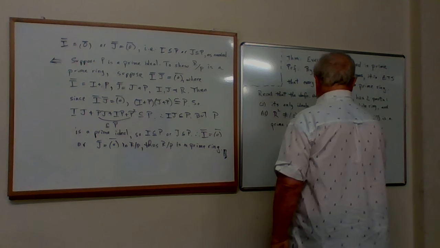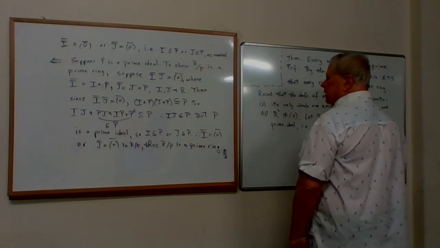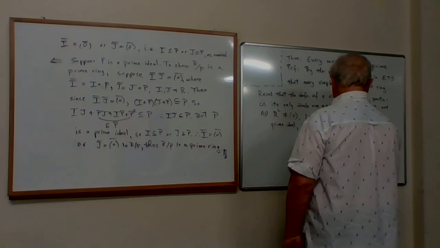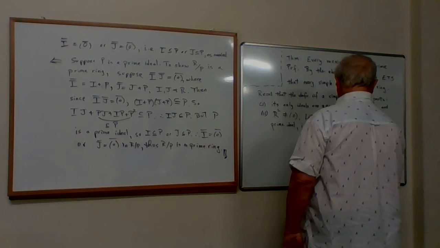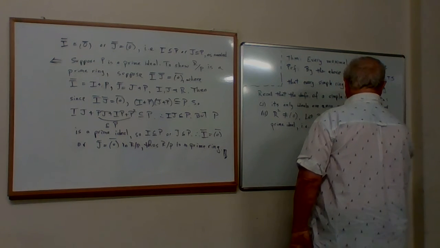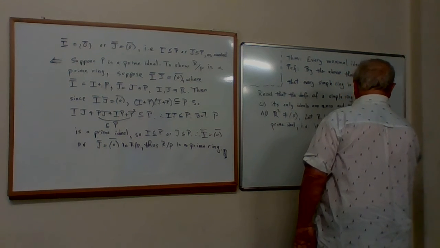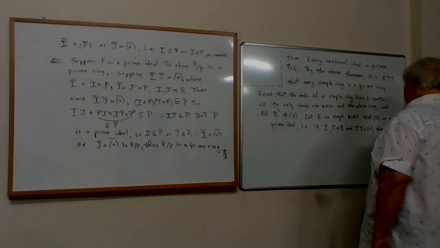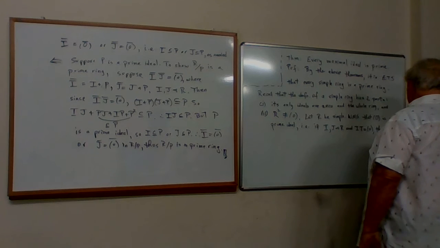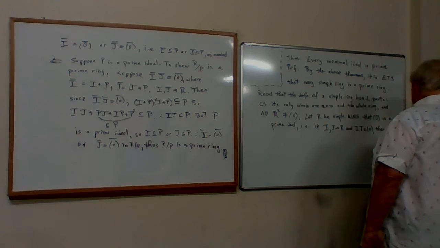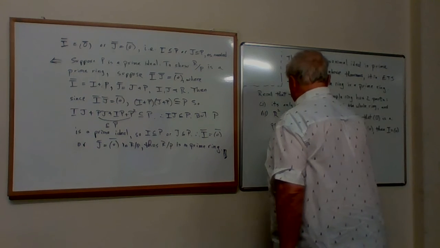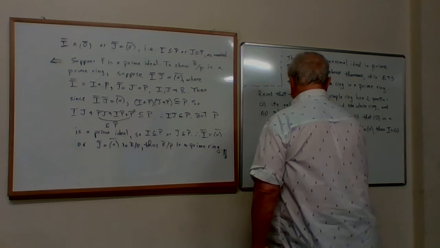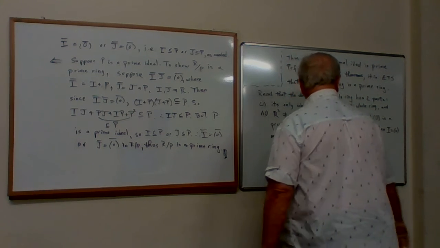In other words, if I and J are ideals of R, and IJ is the 0 ideal, then either I is the 0 ideal, or J is the 0 ideal.